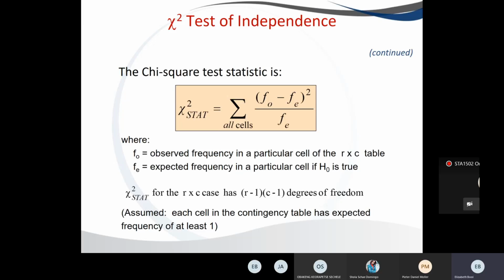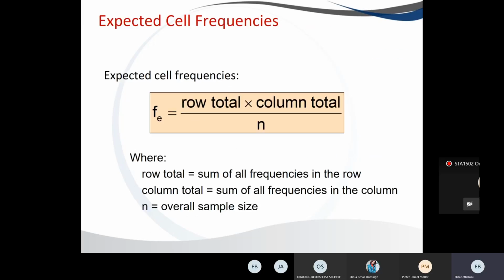And we use that to go find our critical value together with the alpha or level of significance value. And this is the formula we use to calculate the expected frequency. To calculate the expected frequency, we use the row total multiplied by the column total, divided by the grand total, or your sample size n.